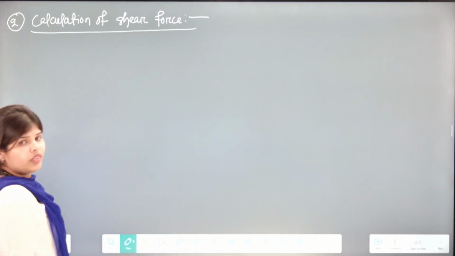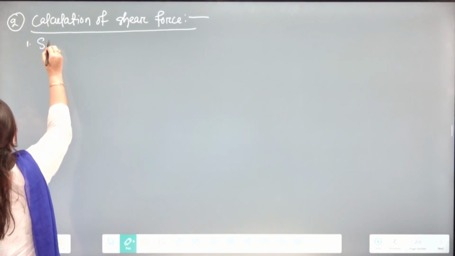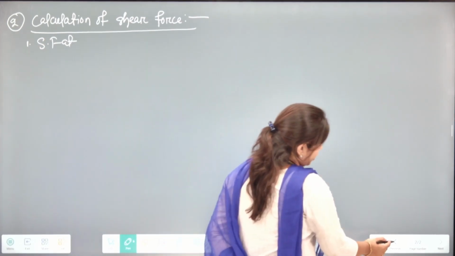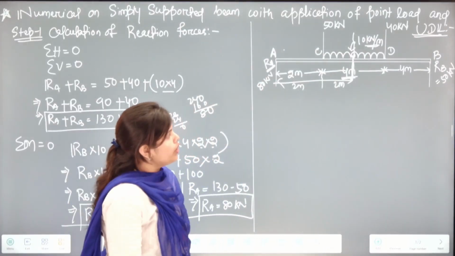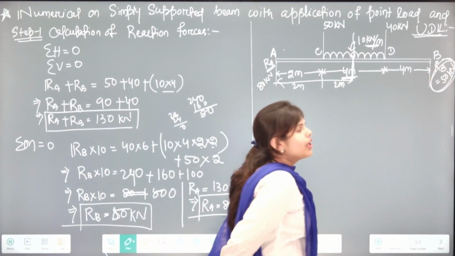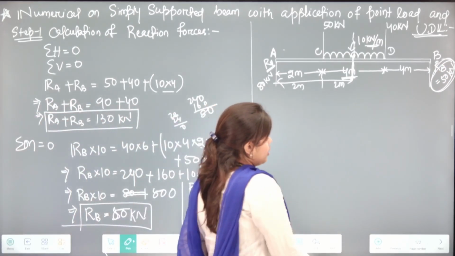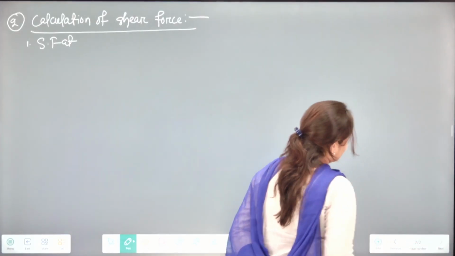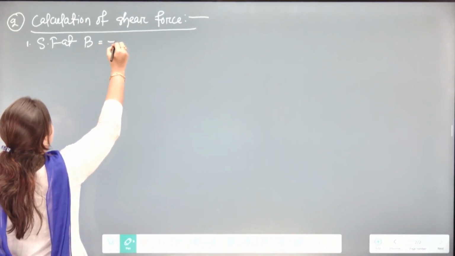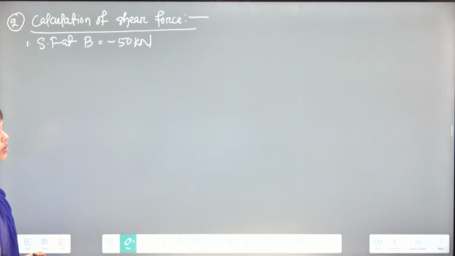We know that shear force calculation is nothing but first the force at the end support. How to do it? Shear force is nothing but your total force. Here we have 50 kilonewton at point B. So the shear force at B is equal to minus 50 kilonewton. Right?